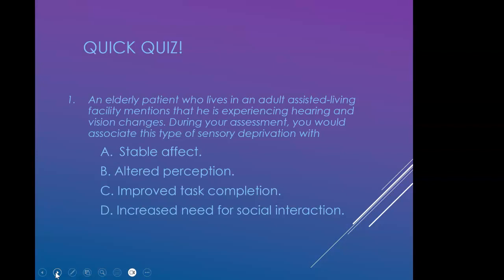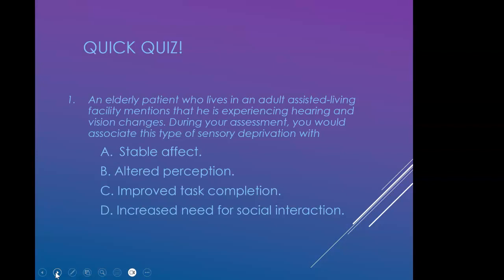During your assessment, you associate this type of sensory deprivation with: A, a stable affect; B, an altered perception; C, improved task completion; D, increased need for social interaction. The answer is B, altered perception.